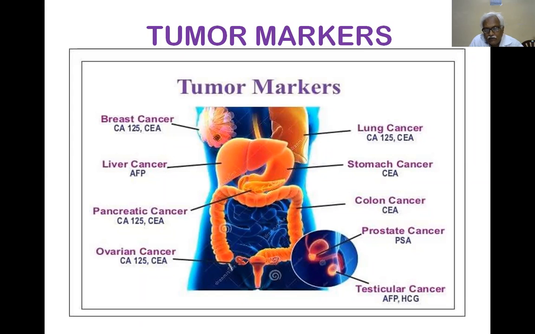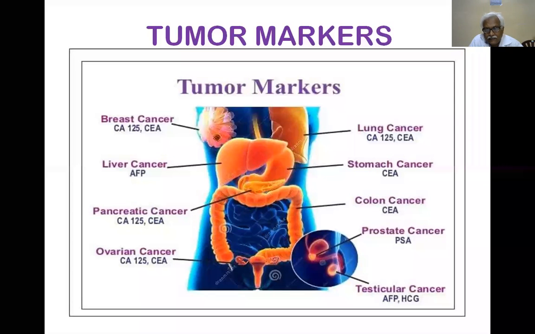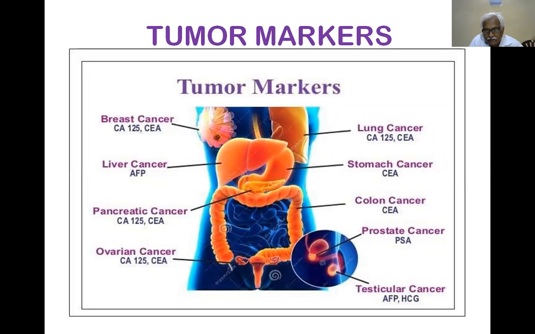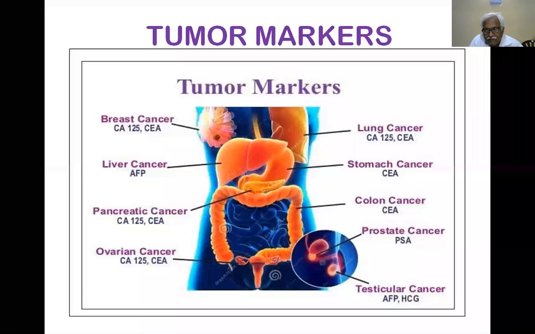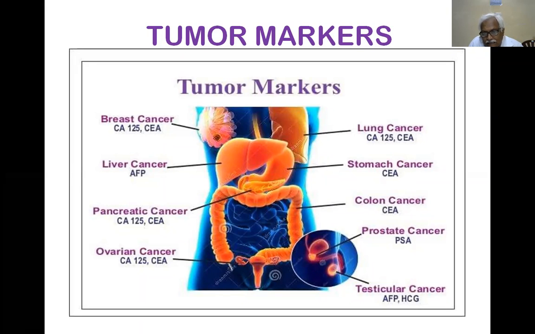In the good old days, we used to have acid phosphatase, just like alkaline phosphatase for vitamin D deficiency and bone cancer. We used to observe that acid phosphatase would increase in states of prostatic cancer.